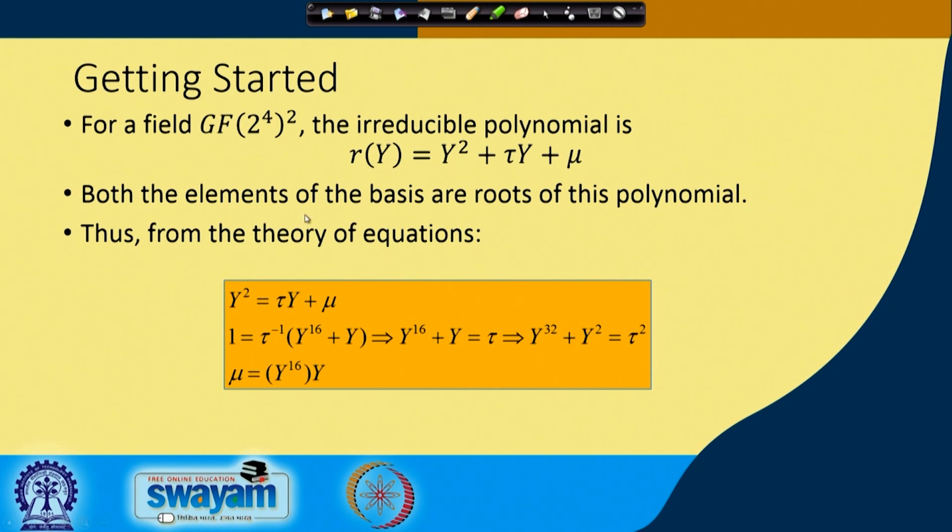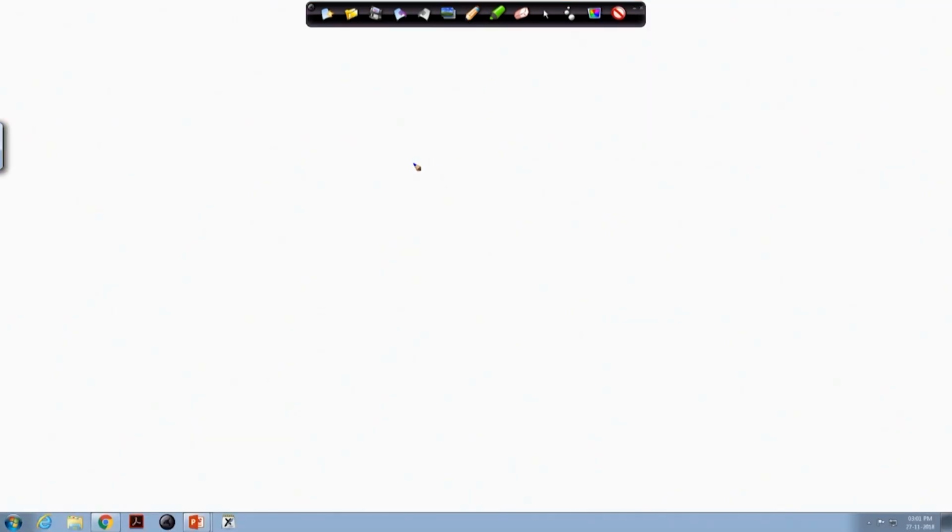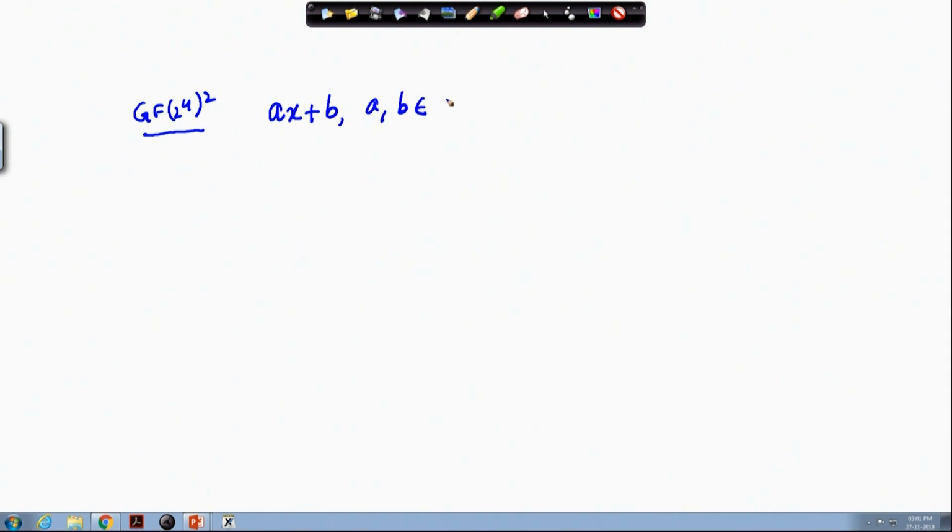Let me quickly work out an example. I take an element for this field and denote it as Ax plus b, so A and b both belong to GF(2^4).